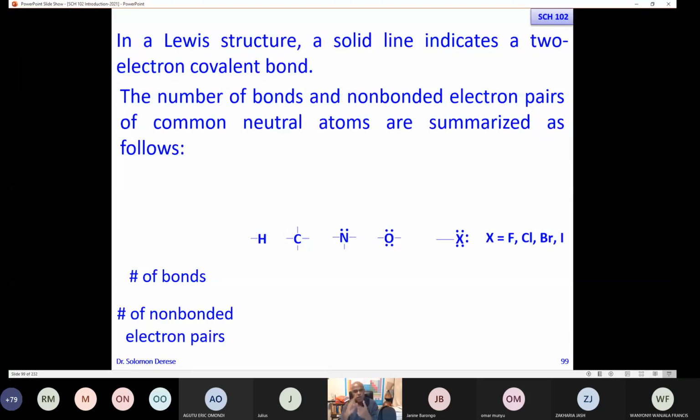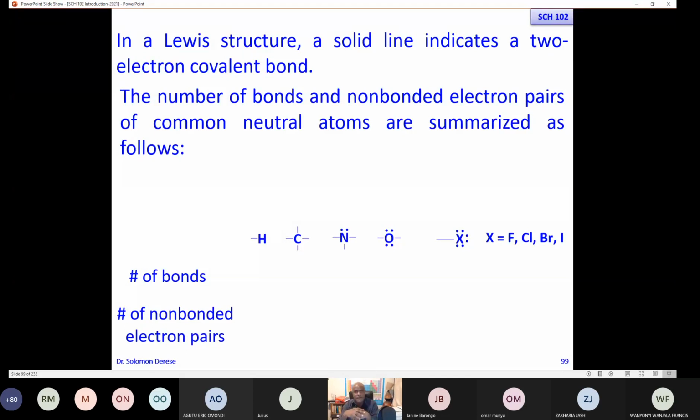So hydrogen forms 1 bond, carbon forms 4 bonds, it is tetravalent. Nitrogen forms 3 bonds, it is trivalent. Then oxygen has 6 electrons in its valence shell. It requires an additional 2 electrons to have 8. So oxygen forms 2 bonds, as in the case of the molecule of water, H2O, where the oxygen forms 2 single bonds with hydrogen.